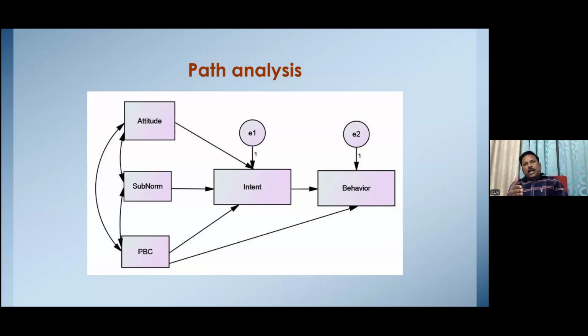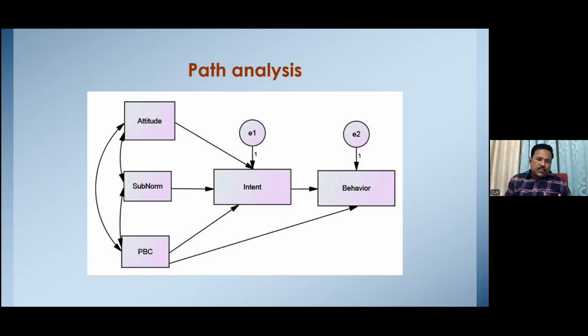Then you also have a dependent variable, intent, and another dependent variable, which is the behavior. I recommend all of you go through the paper once you complete this course today, tonight. Probably you will get the maximum understanding by doing this.